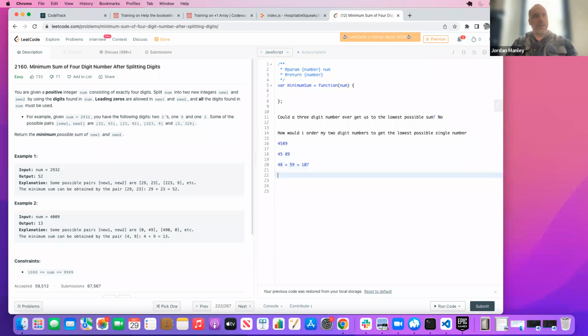And can I pull out a lower number from here? Almost anything else I could do, I don't know, 4, 9 plus 5, 8. But you know what? That is the same total. 107. So yes, I could switch those second numbers, but it doesn't change.